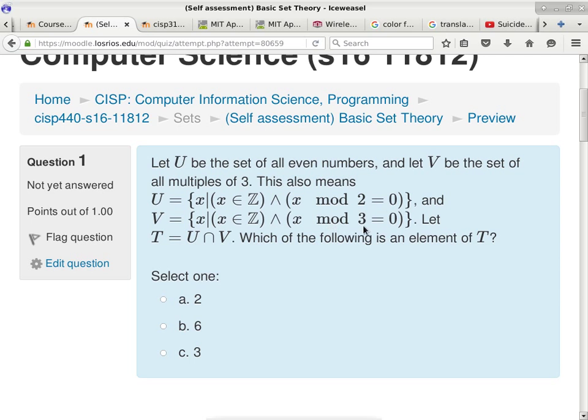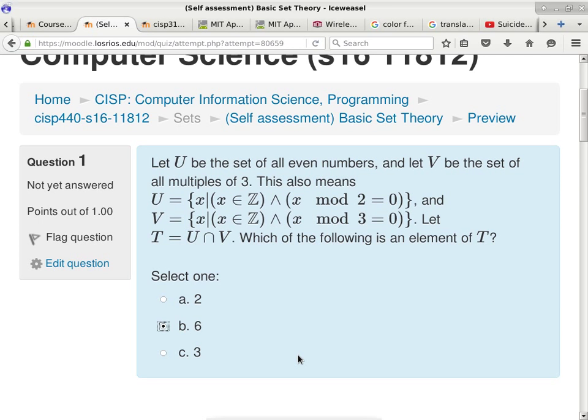The other one is about the same, except we are dividing X by 3 and still want the remainder to be 0. So tell me what is in the set T, where T is defined to be the intersection of U and V. Which of the following is an element of T? It has to be something that can be found in both sets. So B is the correct answer.